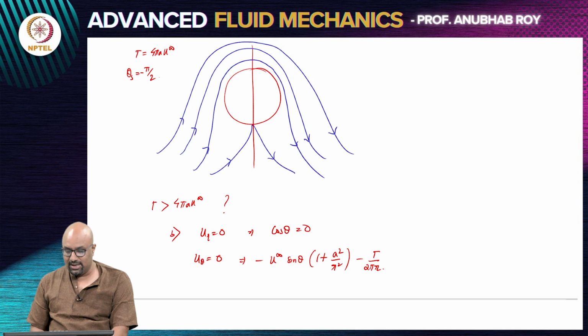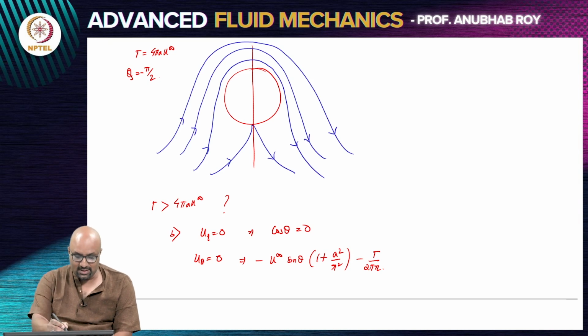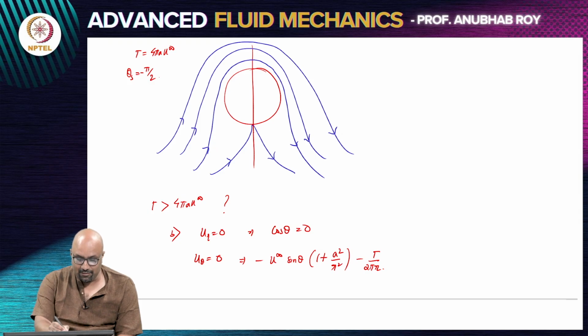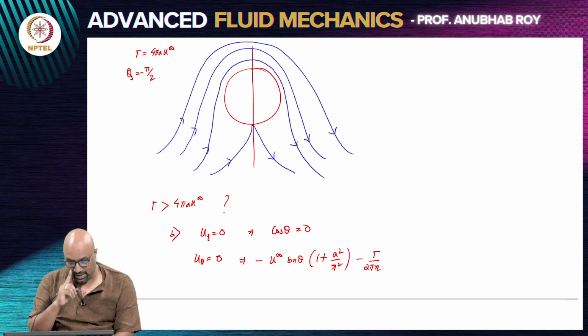If cosine theta is equal to 0, I can have two possibilities, theta equals pi by 2 or minus pi by 2, that is pi by 2 or 3 pi by 2.